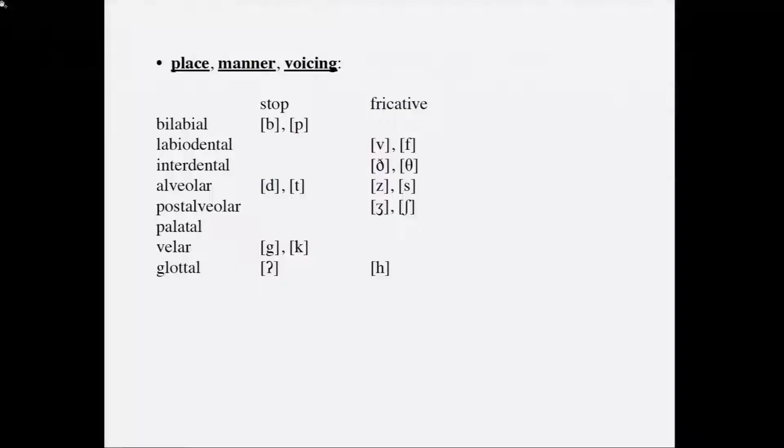Now we have these three ways of categorizing speech sounds: place of articulation, manner of articulation, and voicing. There are a bunch of places of articulation on the left, and the sounds we have mainly talked about have been either stops or fricatives. In each of these places on the table, there's a pair of sounds.